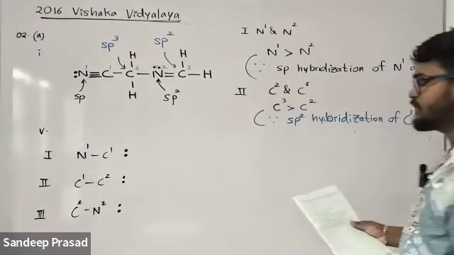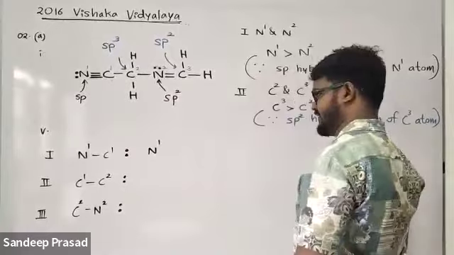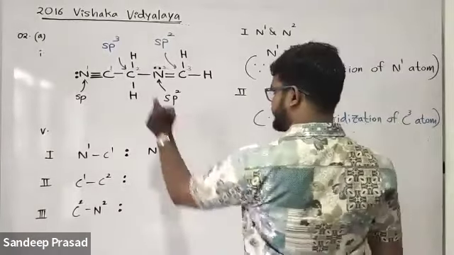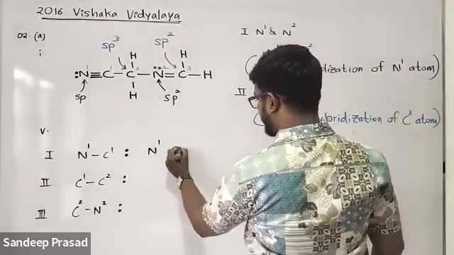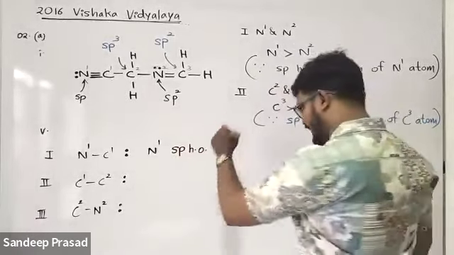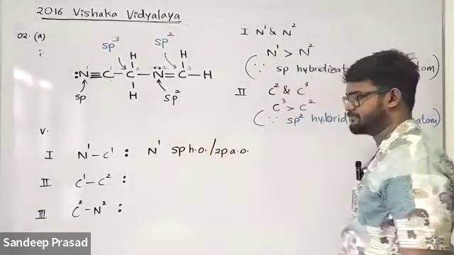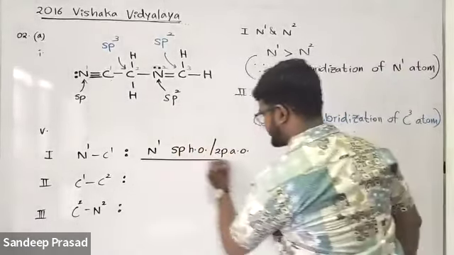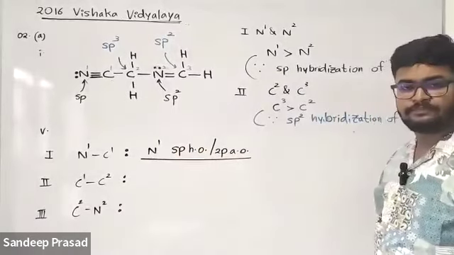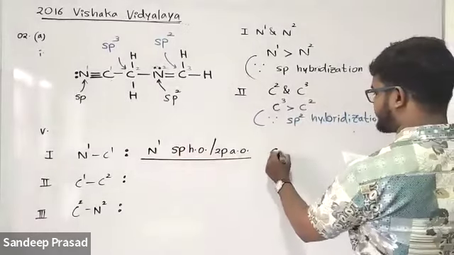Now, when you consider the first nitrogen atom, what is the orbital involved there? Because of the sp hybridization, you can consider this one as an sp hybrid orbital, or else a 2p atomic orbital, since it is a terminal atom. Got it? The first nitrogen atom is showing an sp hybrid orbital, or else 2p atomic orbitals. And what about the first carbon atom?